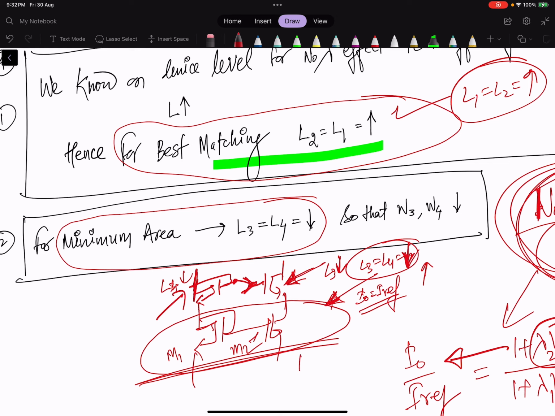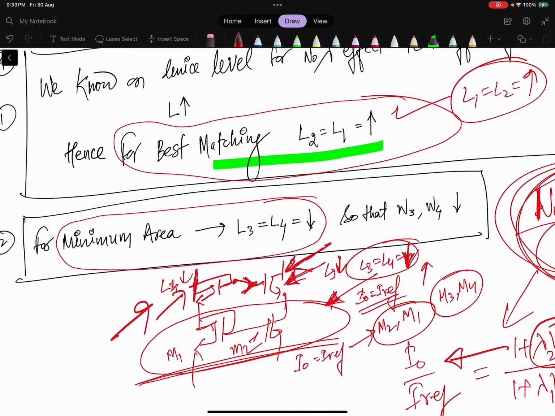Why? Because I naught and IREF are defined by M2 and M1, not by M4 and M3. Okay, so L3 and L4 are made small, and the M1 and M2 lengths are made high.